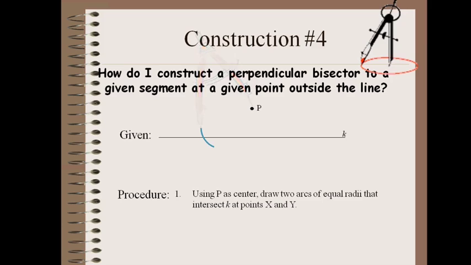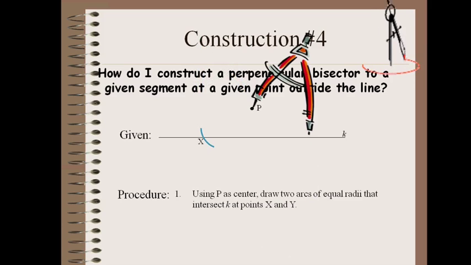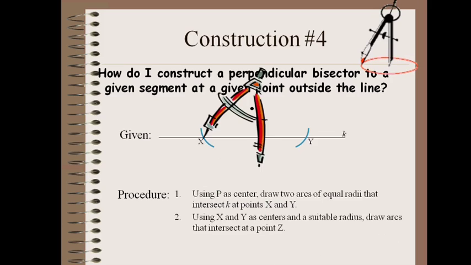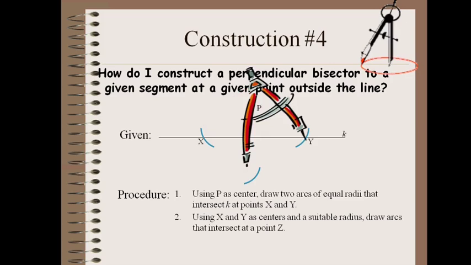I'll inscribe two arcs on segment K as shown on screen, and I'll name those two points of intersection on segment K as X and Y. Then I'll take my compass, I'll put my pointer at X, I'll take more than half of the distance between XY and I'll inscribe an arc below the segment K. I'll interchange my position, I'll take Y as center, I'll inscribe one more arc in such a way that it should intersect the previous arc which was made by taking X as center.